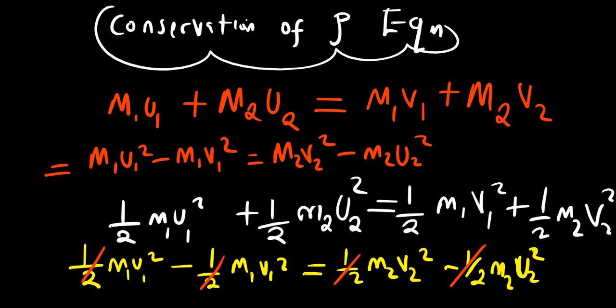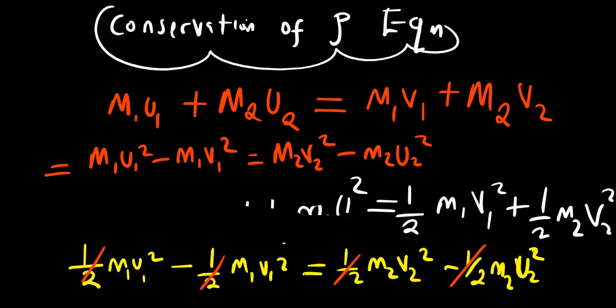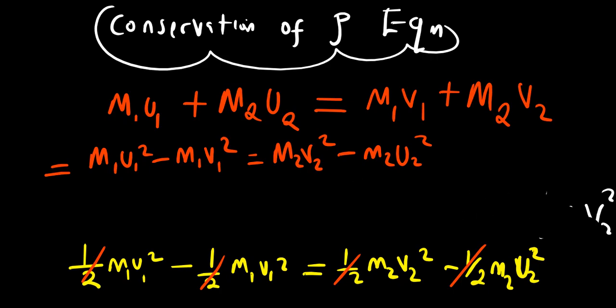Now you have to remember something here. Remember the difference of two squares. Okay, so how are we going to make about the difference of two squares? Let me first factorize the mass on either side. So allow me to rub this equation for kinetic energy. We are continuing with the equation that we just ended on.